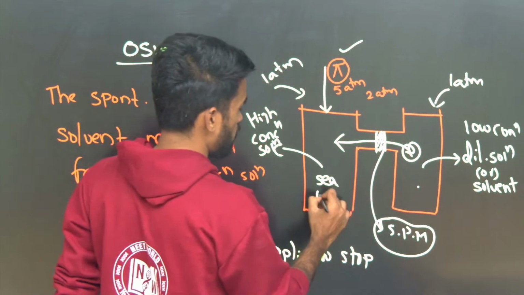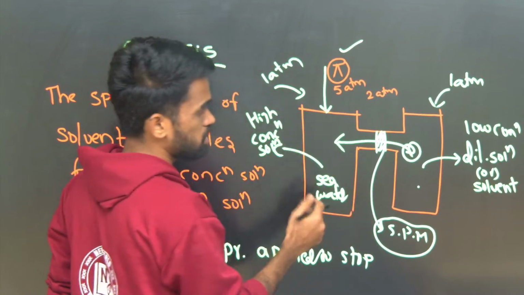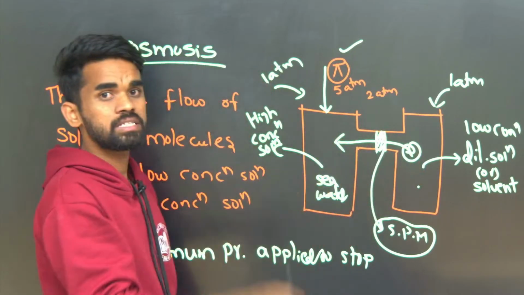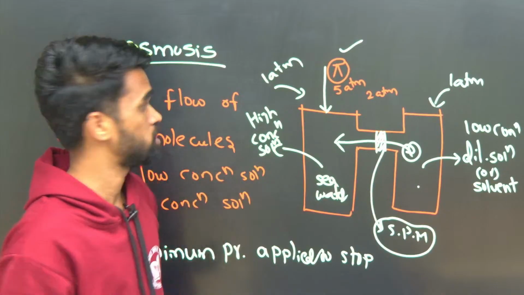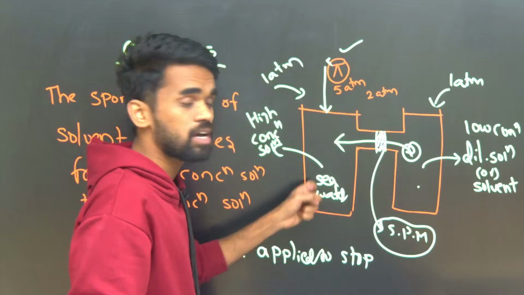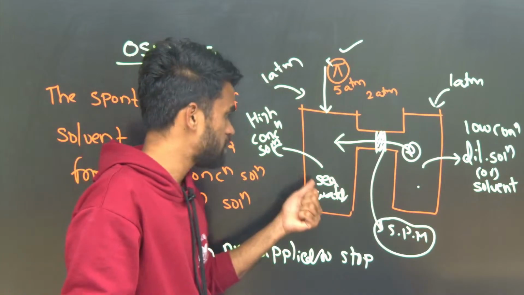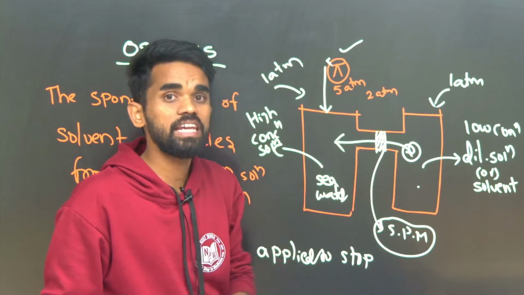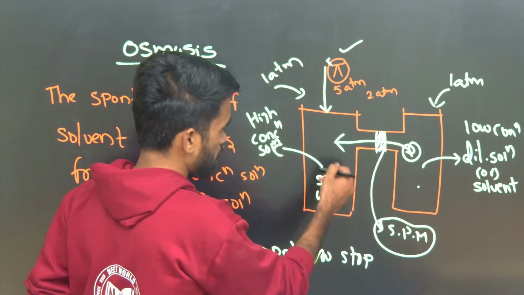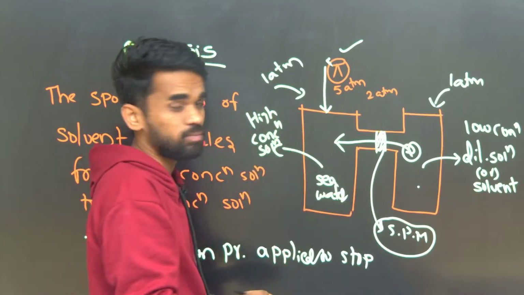Initially, in osmosis, water from the pure side would spontaneously move to the sea water side. But I am applying external pressure on the high concentration sea water side. Sea water is concentrated, with NaCl, salts, impurities and minerals in it.